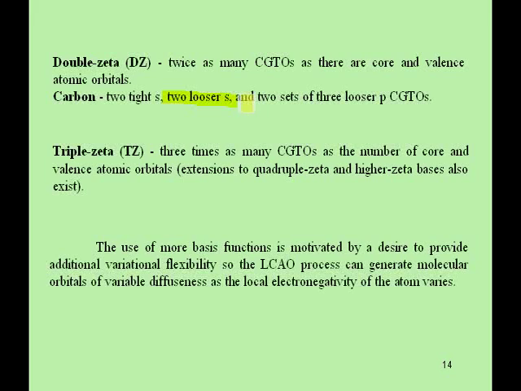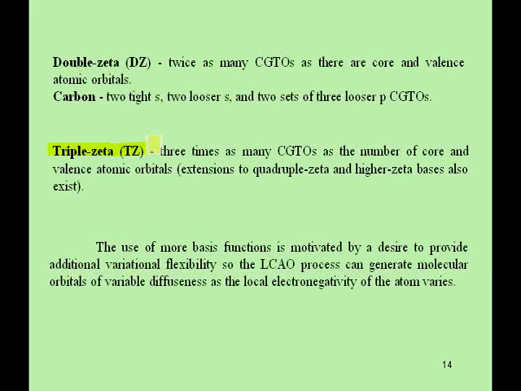So they could be appropriate for carbon atom as a carbocation, a carbon neutral, and a carbon anion, where its radial extent wants to vary. And we would have two sets, that is two px's, two py's, and two pz's as basis functions instead of just one. Of course, in triple zeta, 3 tight s, 3 looser s, 3 sets of p's, and so forth.